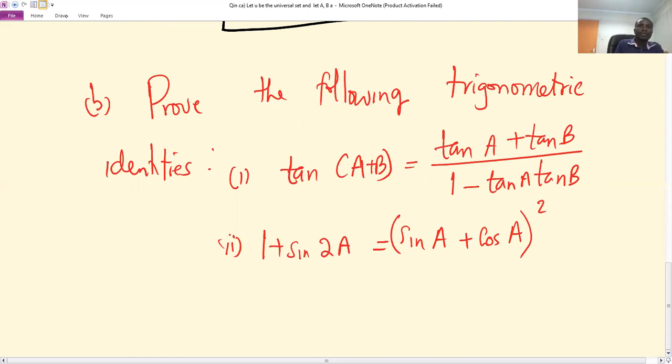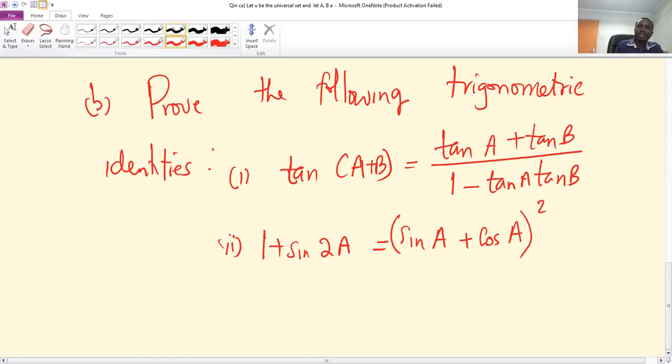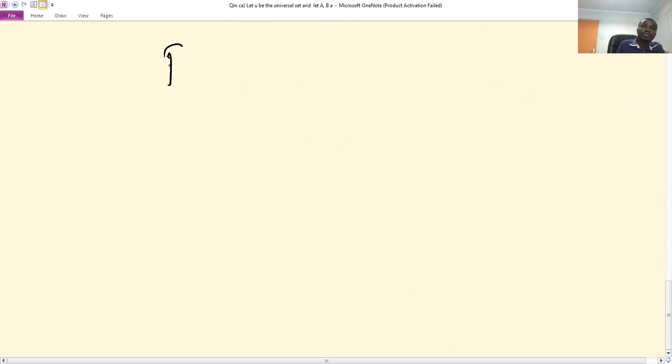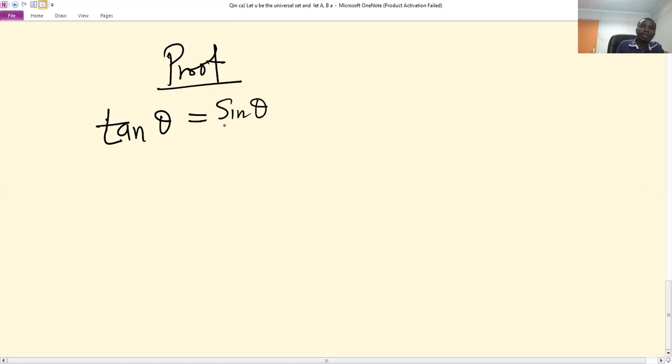Now, to prove the first trigonometric identity, you remember that tan of any angle theta is the same as sine of the angle divided by cosine of the same angle.